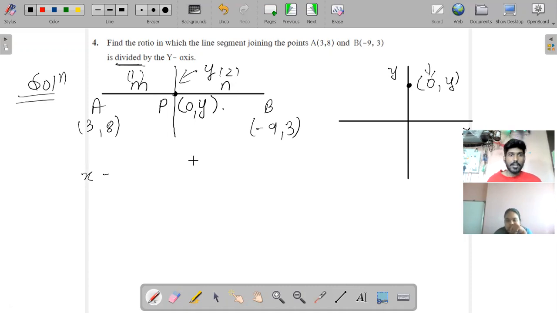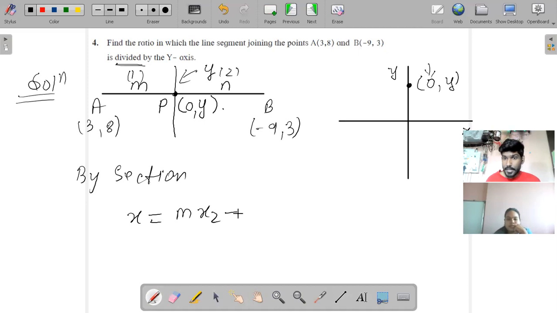Is this clear up to here? Yes. Okay. So which formula will I have to use? Section formula. So by section formula, what is the formula to find the value of x? m x2 plus n x1, upon m plus n.